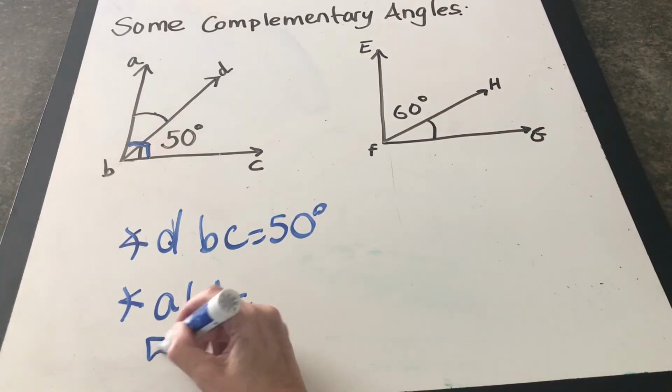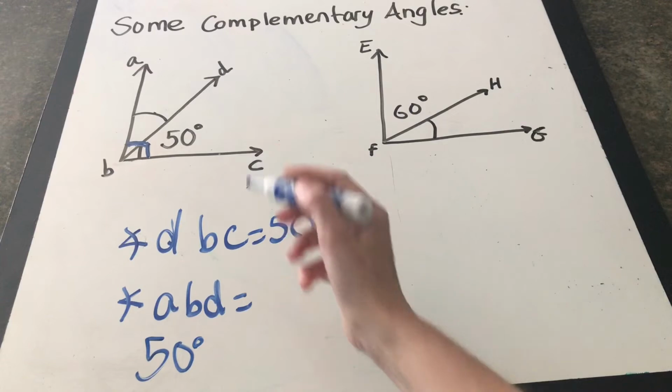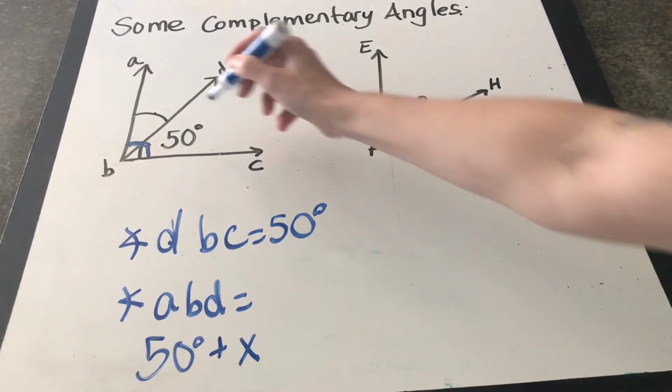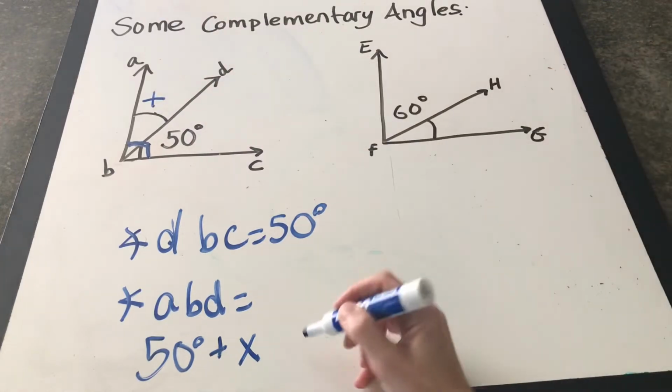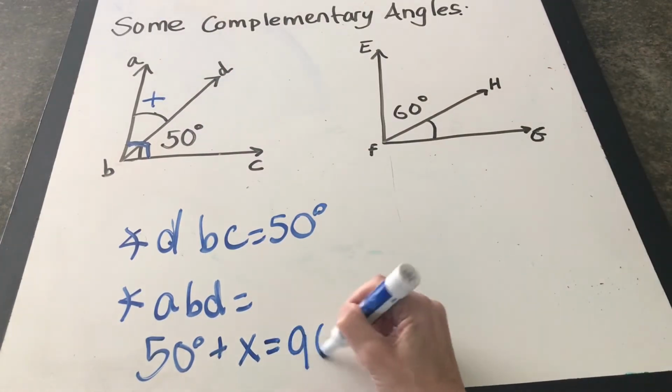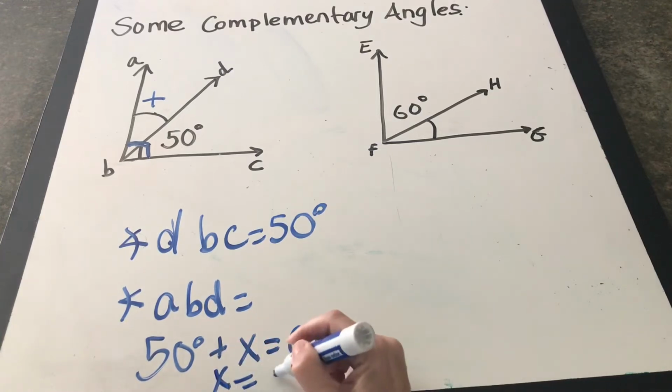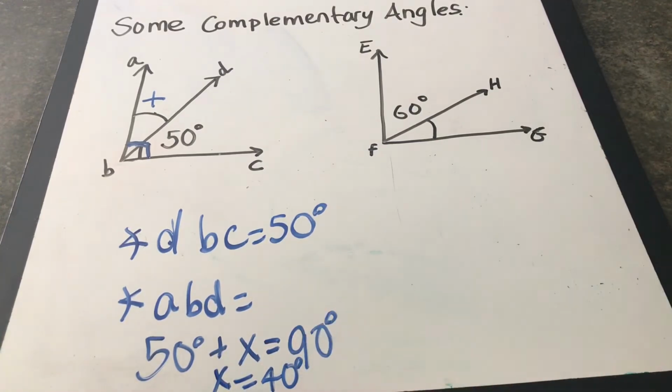So really you can look at it as 50 degrees plus some unknown X value right here is equal to 90 degrees, okay? And so obviously that X is going to equal 40 degrees.